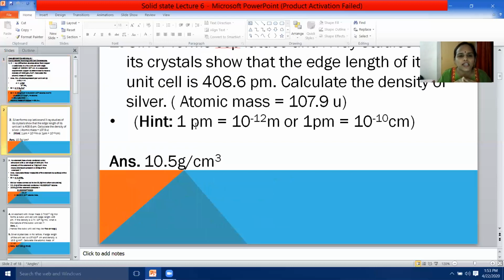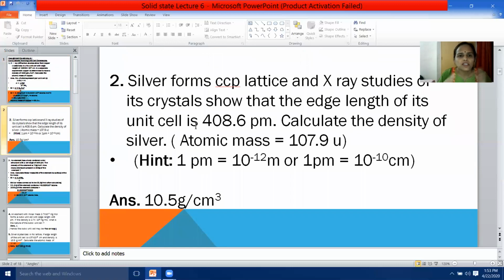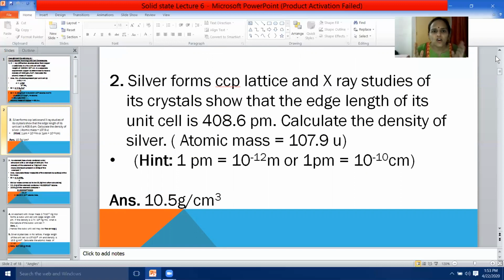Let us come to the second problem. The second problem is: silver forms a CCP lattice, and X-ray studies of its crystals show that the edge length of its unit cell is 408.6 picometer. Calculate the density of silver. Atomic mass of silver is given as 107.9 units.